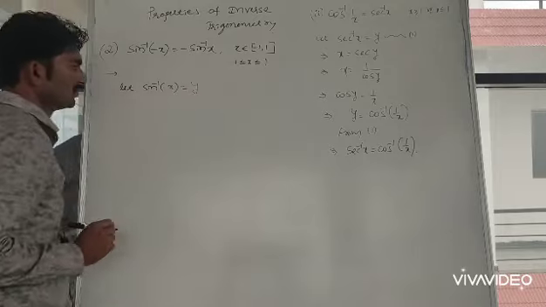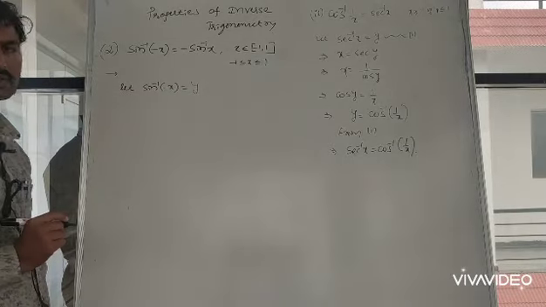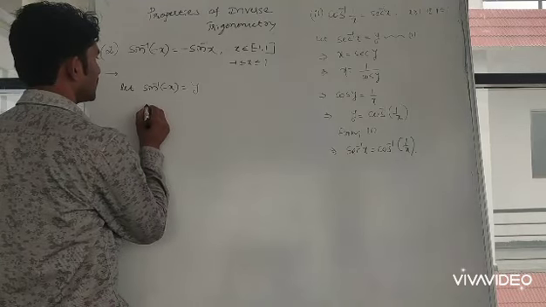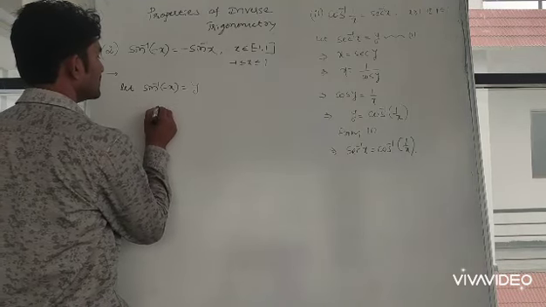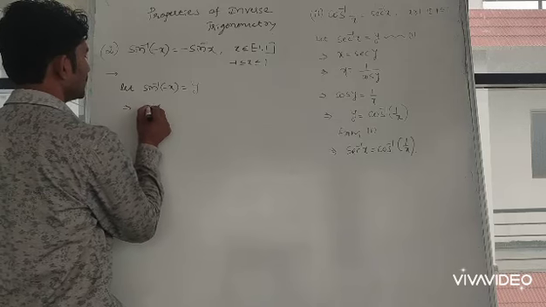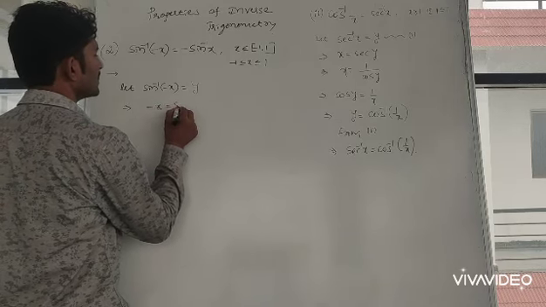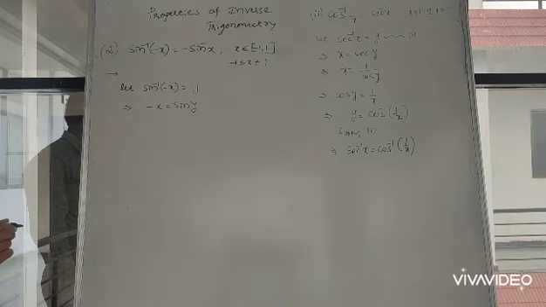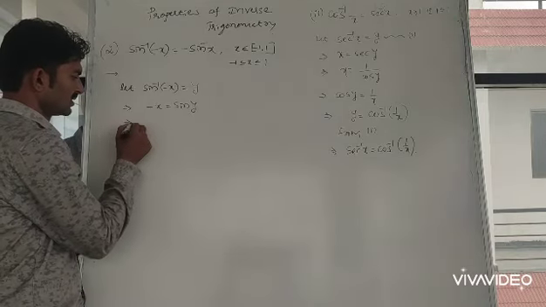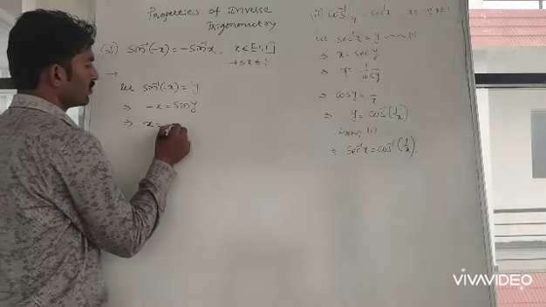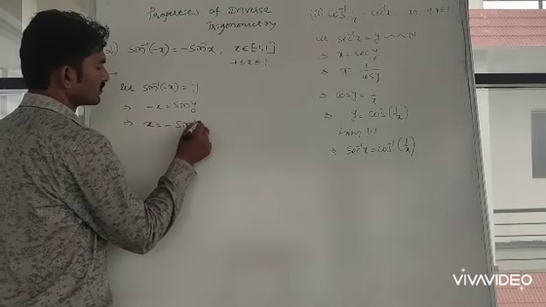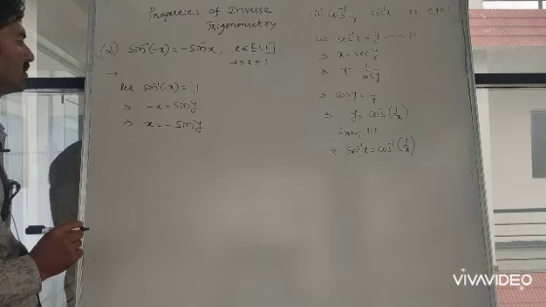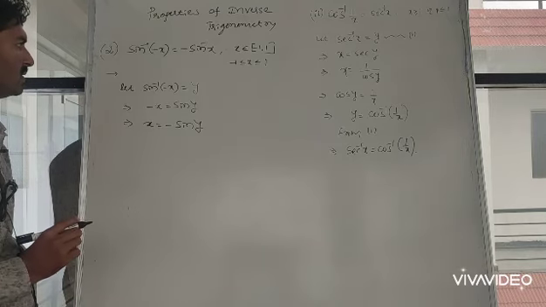LHS is equal to sine inverse of minus x, equal to y. Then minus x is equal to sine y, which implies x is equal to minus sine y. Is it right?